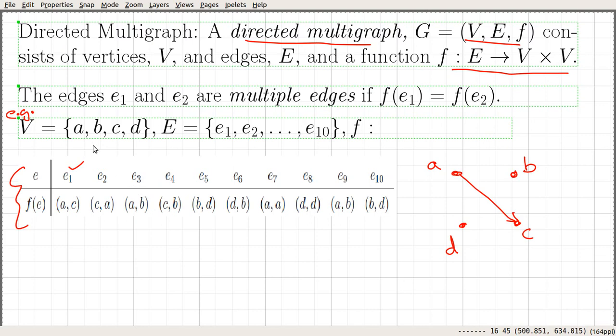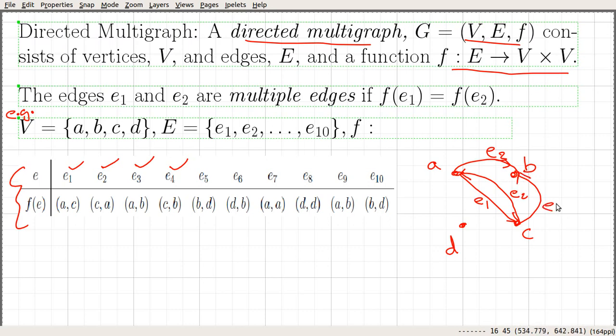And f of E2 is CA, and here the direction is from C to A. F of E3 is AB, and this edge is directed towards B. So this is E1, this is E2, this is E3. F of E4 is CB, so it is directed towards this thing.